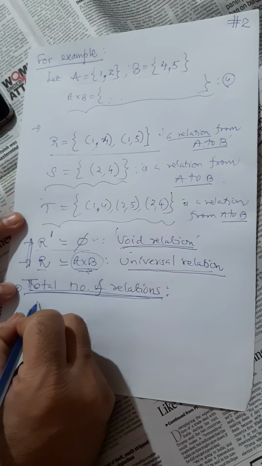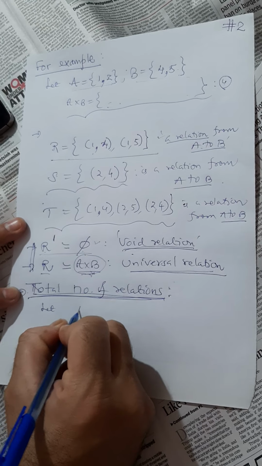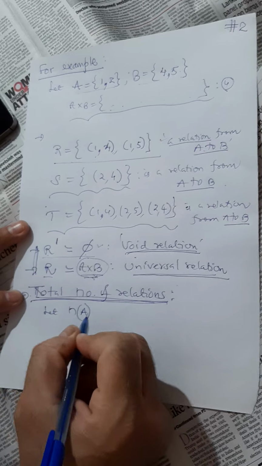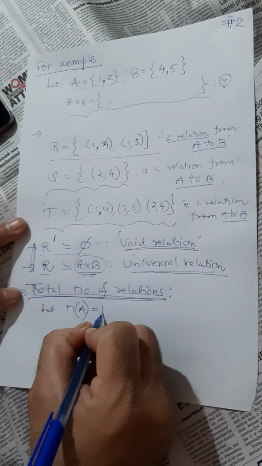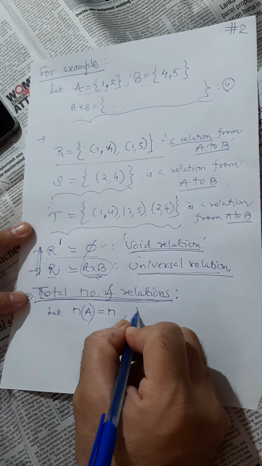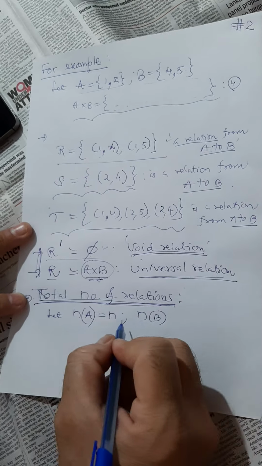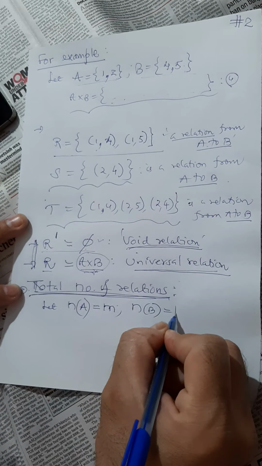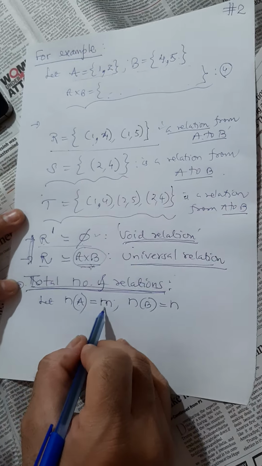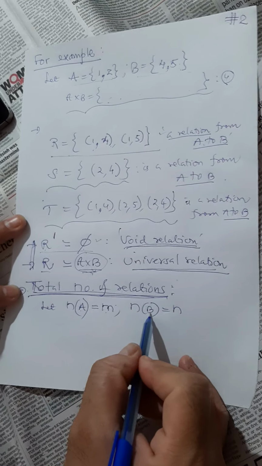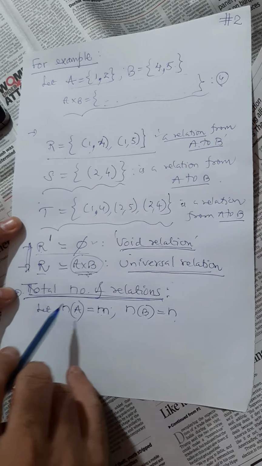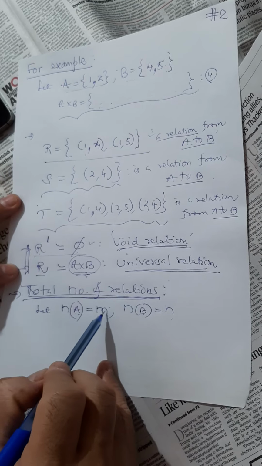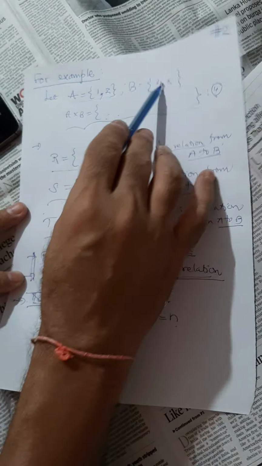So let's take set A with, for example, m elements, and another set B with n members. So you have set A with m number of members, and set B with n number of members. Here m equals 2, and n is also 2.